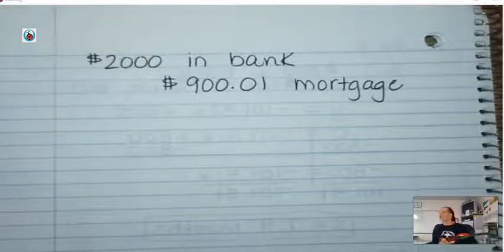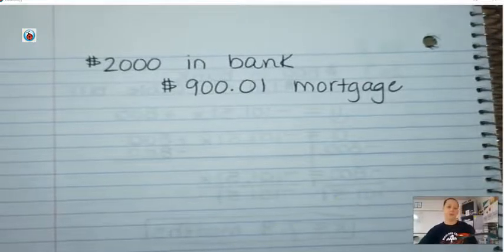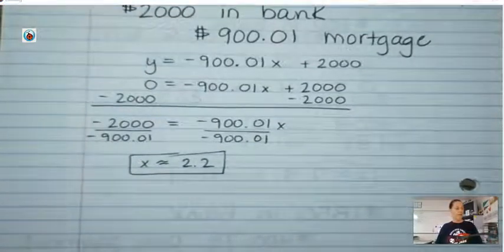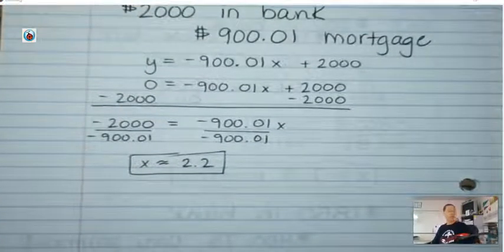So she starts with $2,000 in the bank. Every month she has to pay her house payment, and it's $900.01. Go ahead and figure out, when will her account be 0? 2 months.